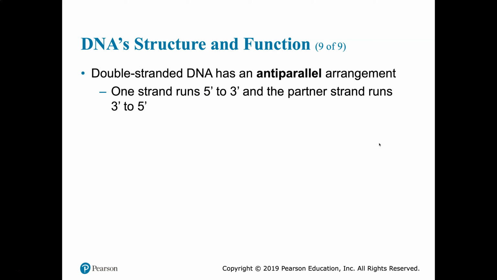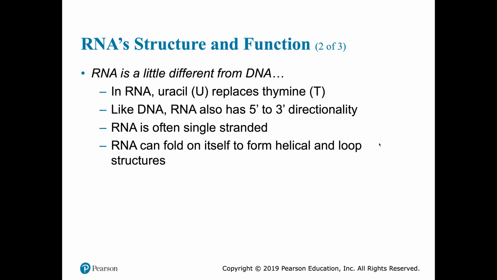And again, this is just what I was mentioning with anti-parallel. Here are some key differences between RNA and DNA. I've went over most of them, not all of them, but the highlights. RNA, you have uracil instead of thymine.